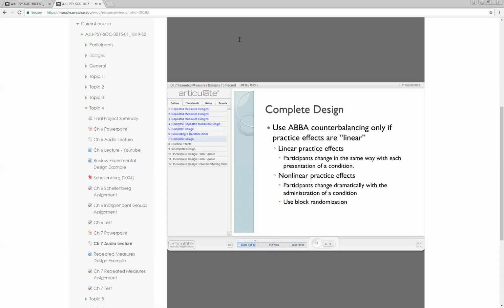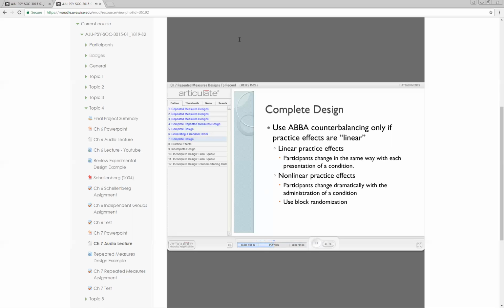What you do with ABBA essentially is you start with a random sequence of your conditions. So you do the same thing as you would in block randomization. You get a random block order. So that's the first order, and then you just flip it and reverse it. So if your first random order is condition A and then condition B, the second block is going to be condition B and then condition A.